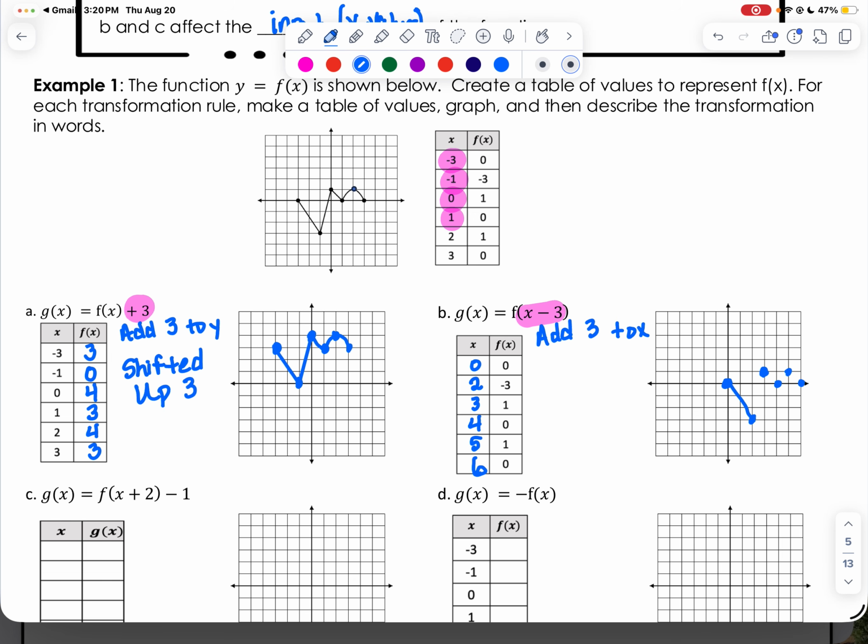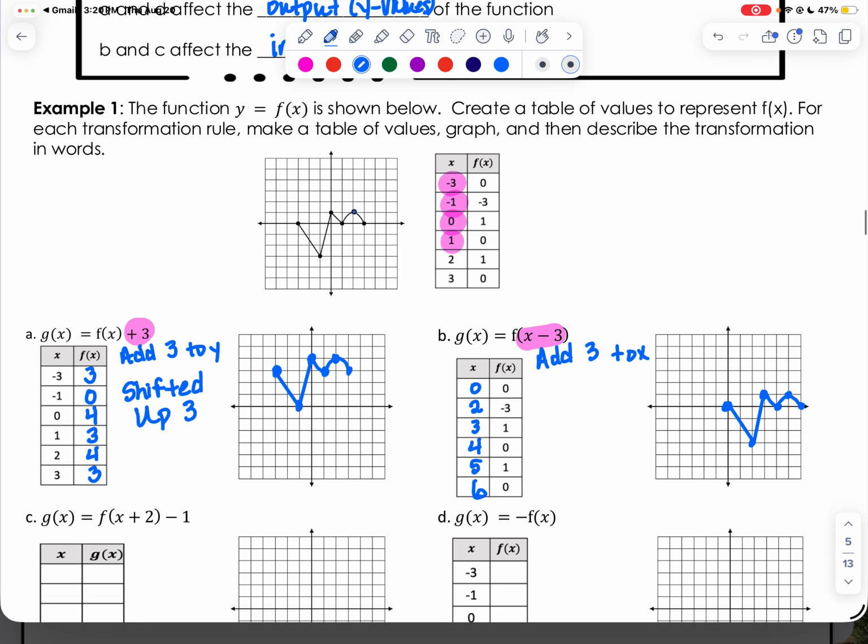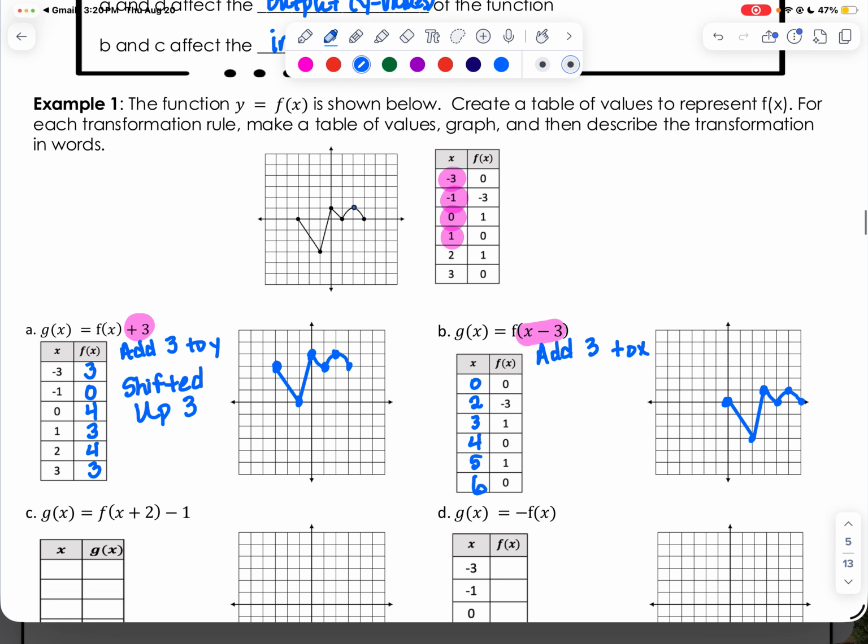So let me connect these. Now we're going to compare this function to the original function at the top of our page, and this function shifted to the right 3 units. It shifted everything to the right 3 units.